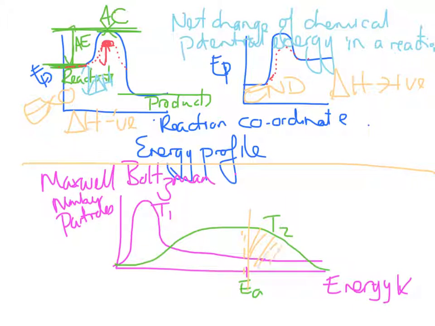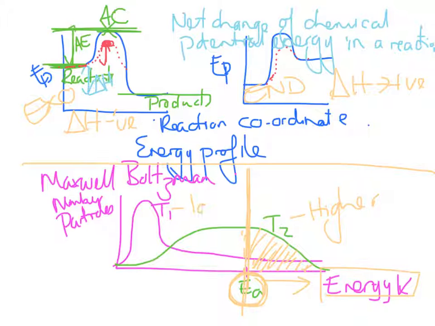That whole area, all of those particles have enough kinetic energy that is above the activation energy. So on a Boltzmann curve, they're always going to tell us the activation energy, and whichever one has got more particles after the activation energy is the one that is at a higher temperature, and this would be a lower temperature because there are fewer particles with lots of energy, and you're able to interpret a Maxwell-Boltzmann curve like that.